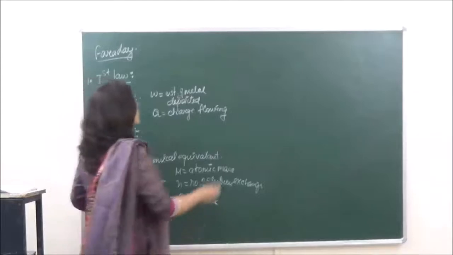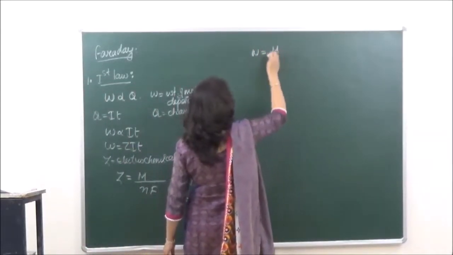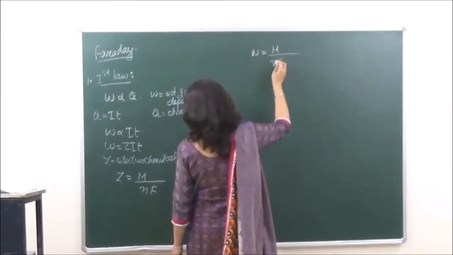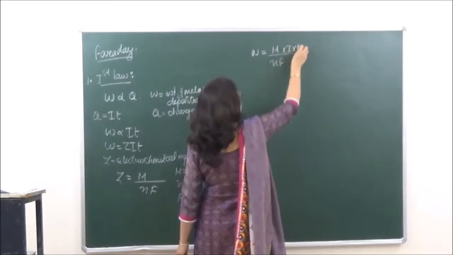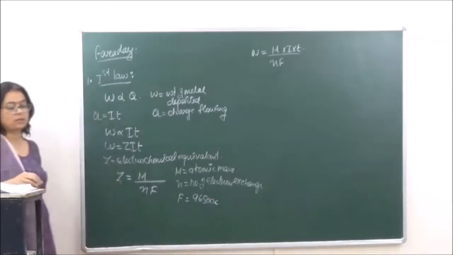Putting the value of Z in the above equation, we get W is equal to M upon NF into I into T. We can expect one numerical from this expression.